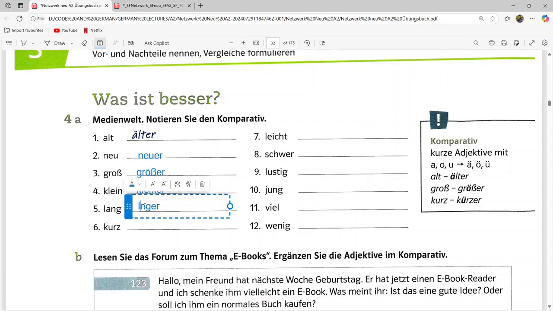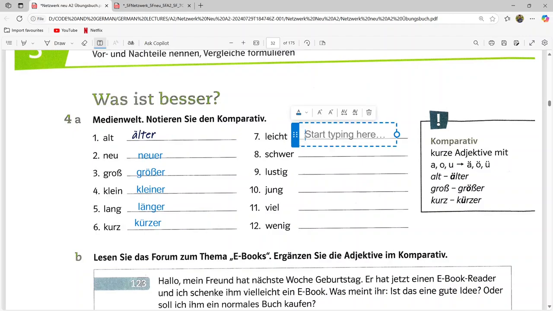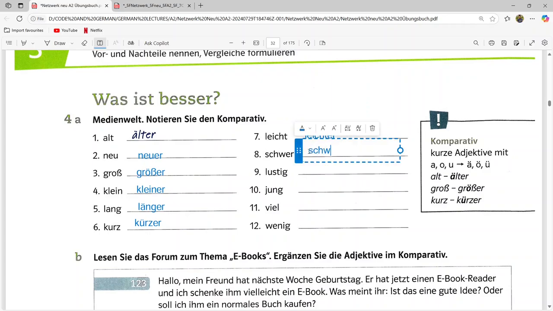This one is this one. Okay. Kürzer. Also this one, umlaut u. Okay. Short, shorter. Light will be lighter. Leichter. Schwer, heavy. Schwerer. Lustig, lustiger. So lustiger.